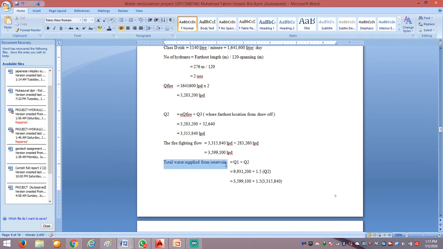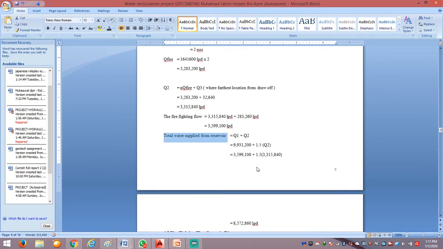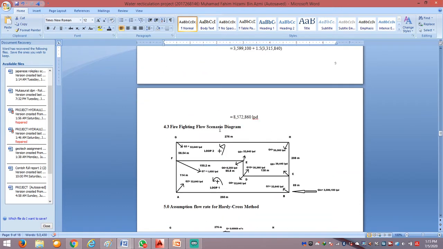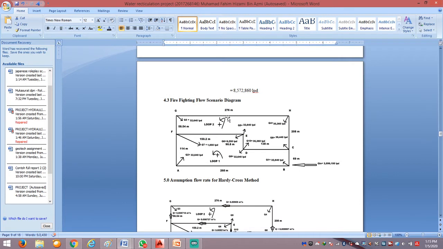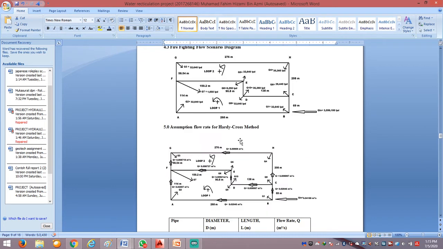This is the overall reservoir total. This is the firefighting flow scenario diagram. As you can see, the Q in for fire flow is 3,599,100 liters per day. This is the Q R that we calculated from the water demand.